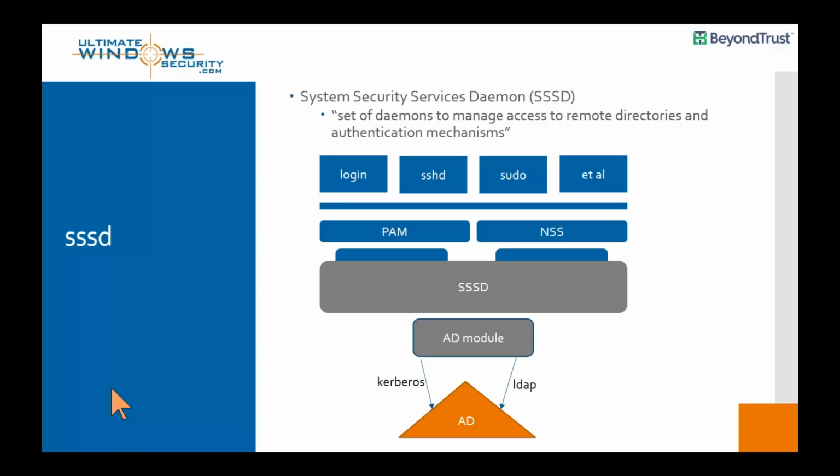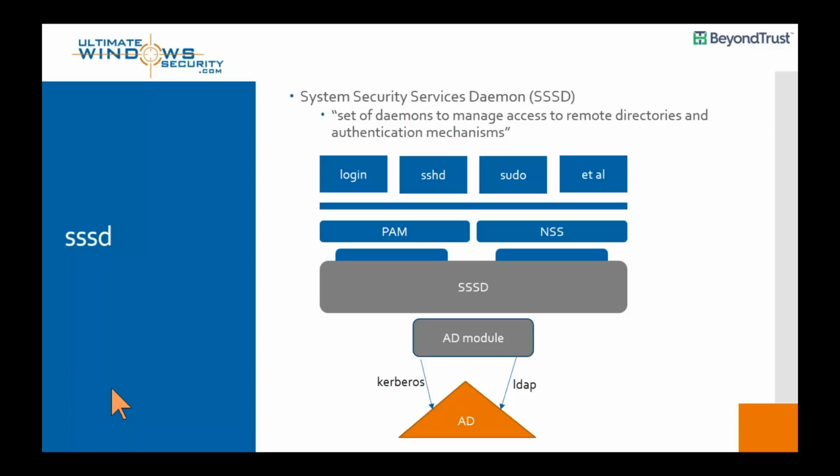This is a set of daemons that manage access to remote directories and authentication mechanisms, and it itself is a pluggable, extensible architecture, and its Active Directory module has a degree of Active Directory intelligence built into it. So we're not doing just strictly Kerberos and LDAP.